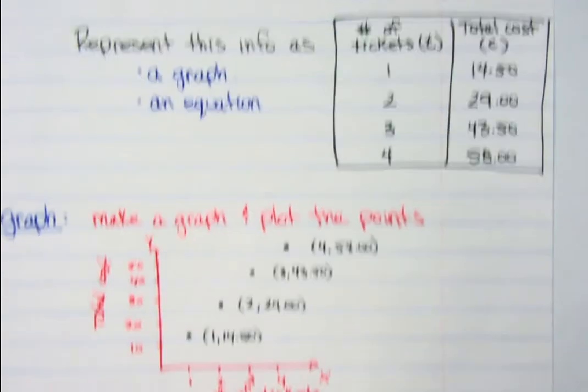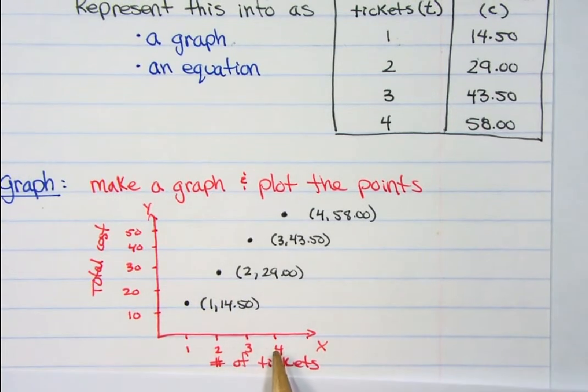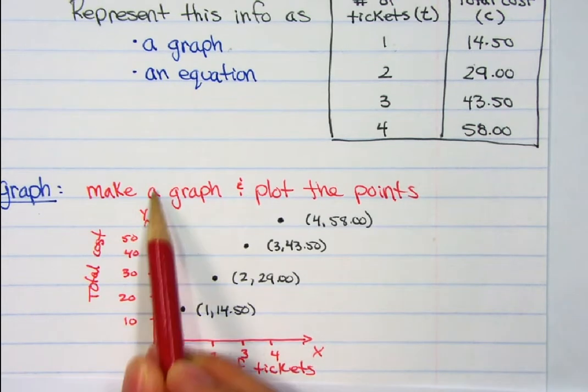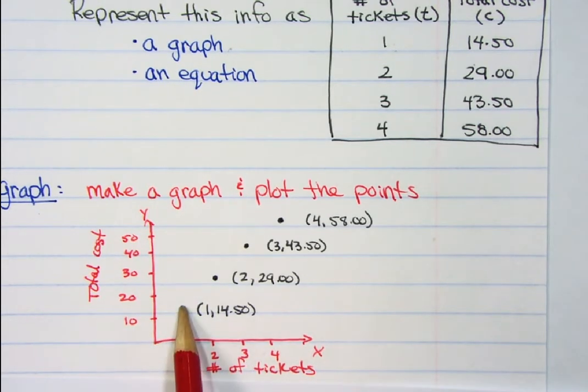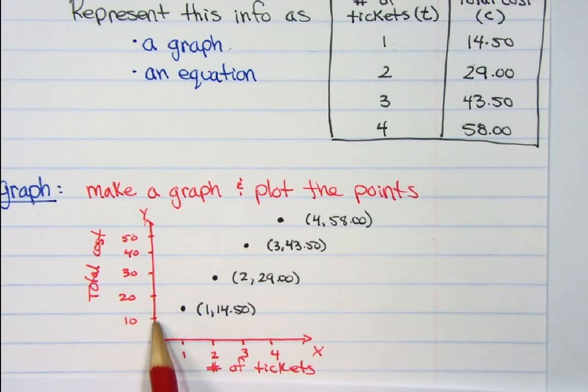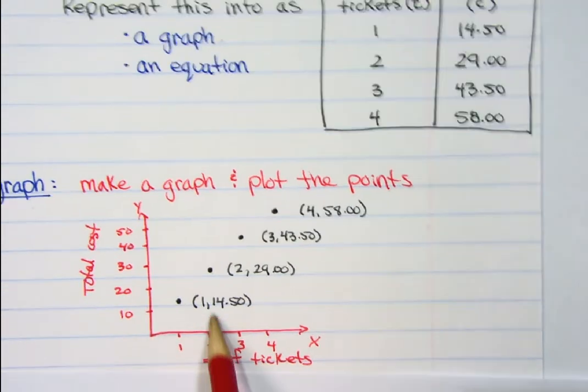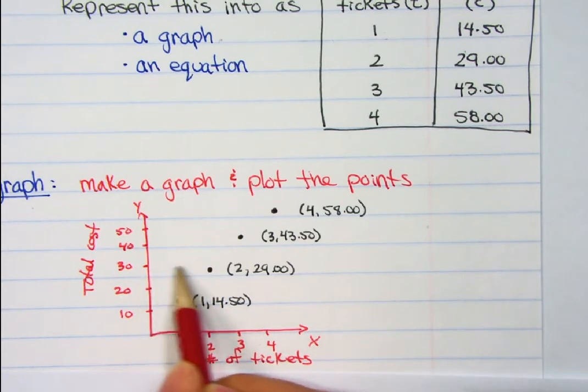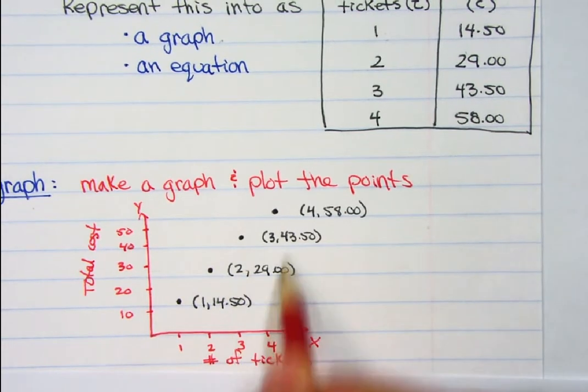To make a graph, you just plot the points. You have to make yourself a little coordinate plane. This is going to be quadrant number 1. Number of tickets: 1, 2, 3, 4. And then for the prices, I just went up by tens. Then I estimate where each point is going to be. $14.50 is somewhere between 20 and 10, not halfway exactly, a little less, so that's where I put that. For 2 tickets, it's almost 30, it's 29, so it's just below the 30 line, and then I plot the other ones.